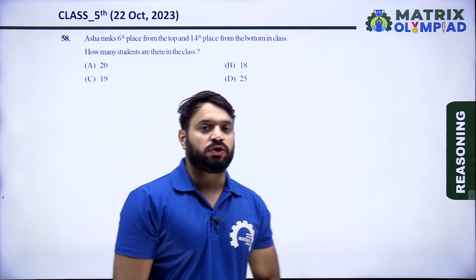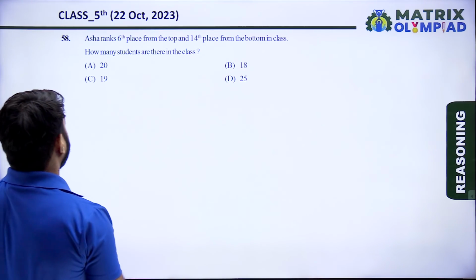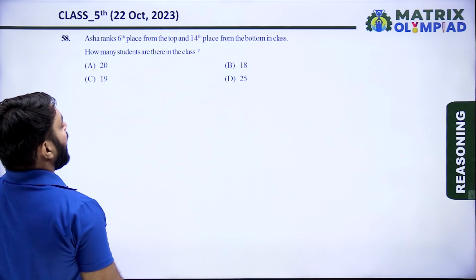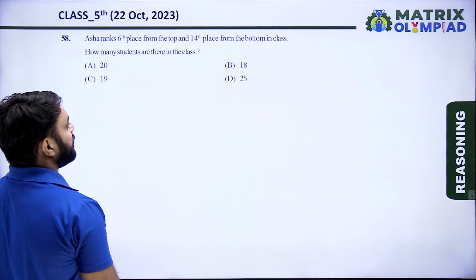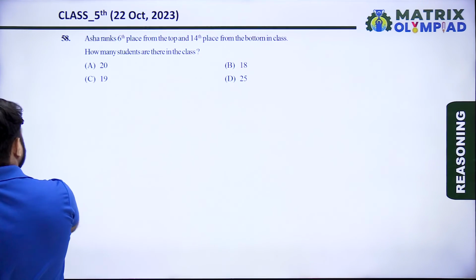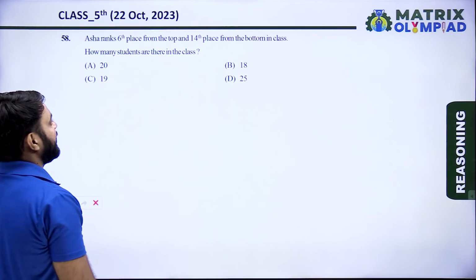So the next question is question number 58. Asa ranks 6th place from the top and 14th place from the bottom in class. How many students are there in the class?